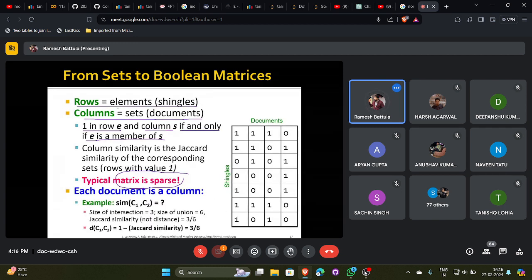Suppose these rows are going to be shingles. Suppose I take an example: B, E, A, X. I choose my row values to be B, E, A, X. And the documents, treated as subsets, are S1, S2, S3, S4.